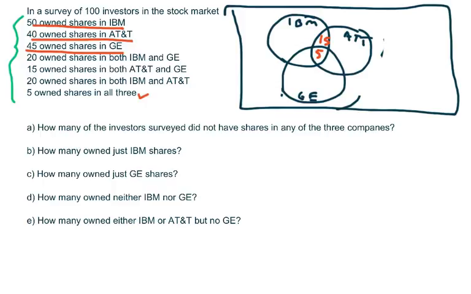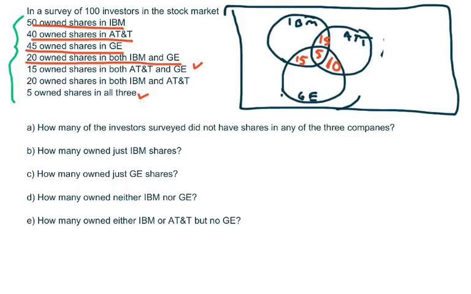So I'm going to take care of that. And for the 15, the IBM and AT&T is 20. So there's your 20, 15 and 5. I have 15 that are AT&T. Okay, so here's 10 here, because 10 plus 5 is 15. It's 15 here, because 15 plus 5 is 20, so we have that.